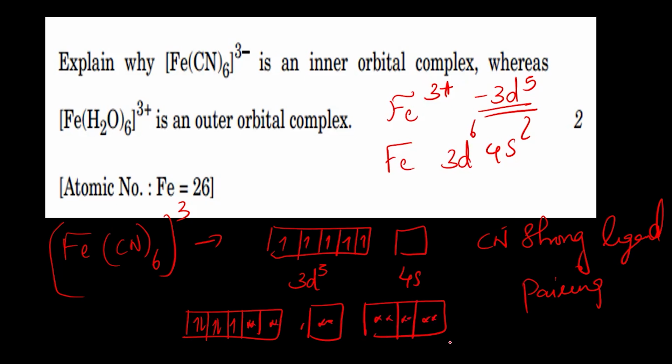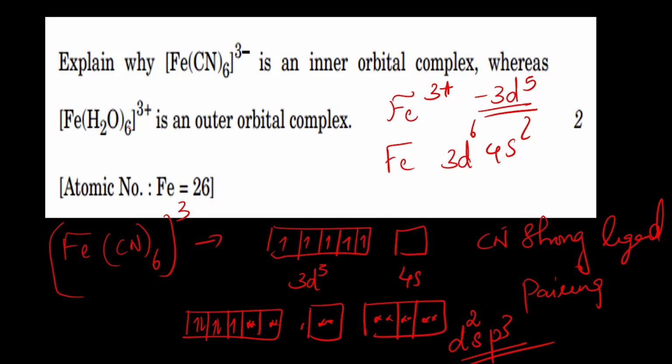So the hybridization will be d2sp3 hybridization. That means because of the strong ligand CN-, pairing occurs leading to d2sp3 hybridization.